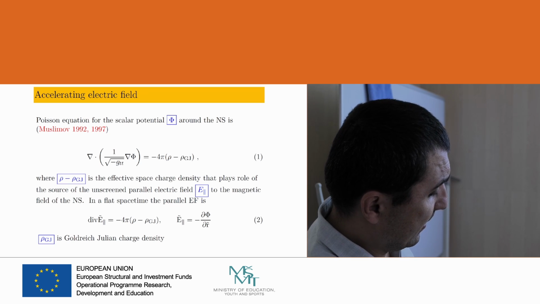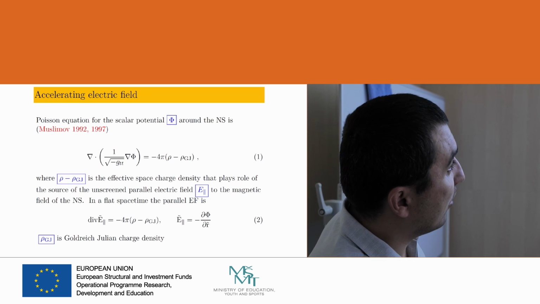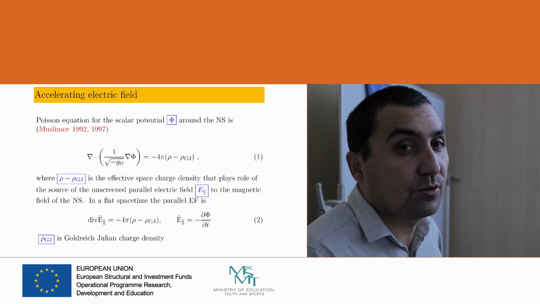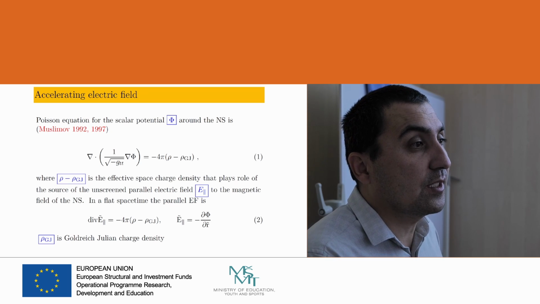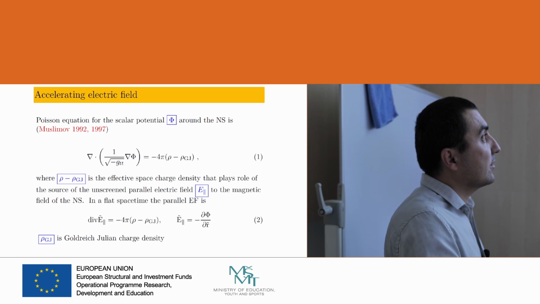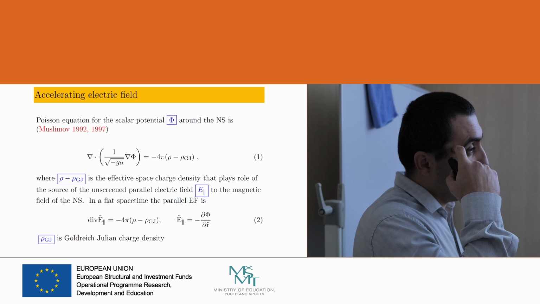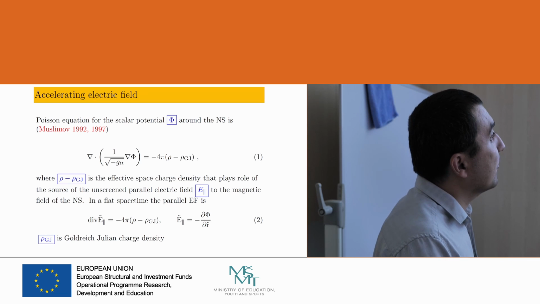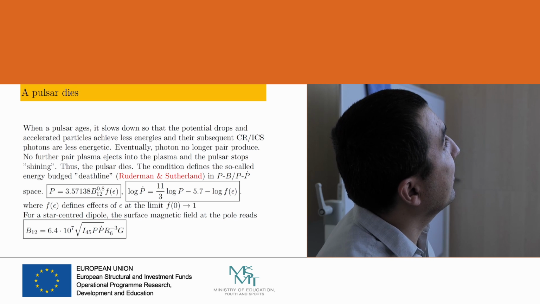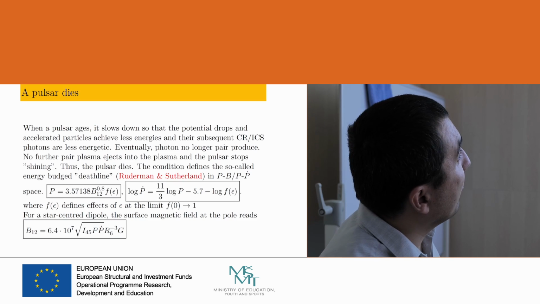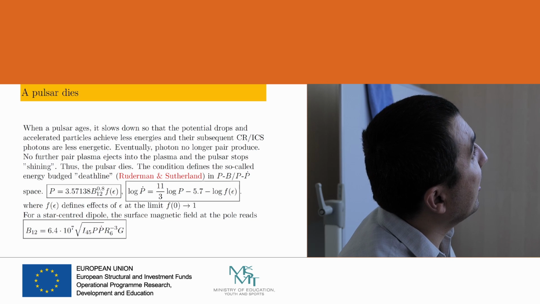This is how to calculate it in the frame of Newtonian gravity, but in general relativity the solution of the Poisson equation is quite long, and I'm not going to show the details. And here I am going to talk about the pulsar death.